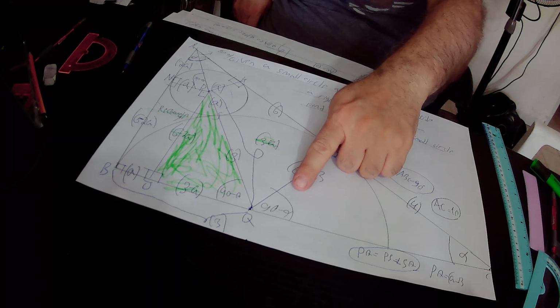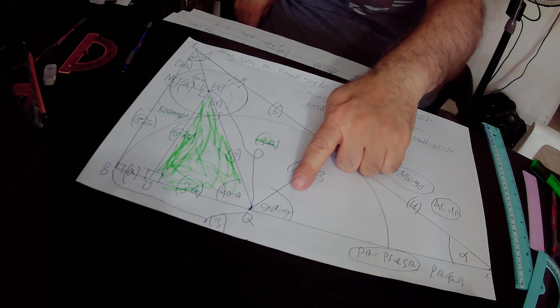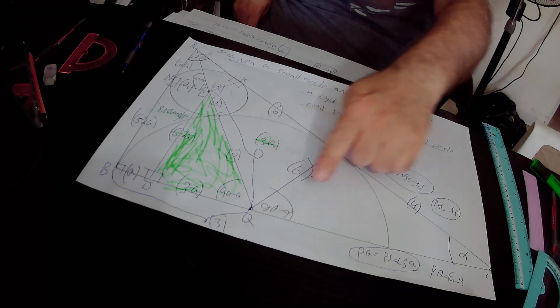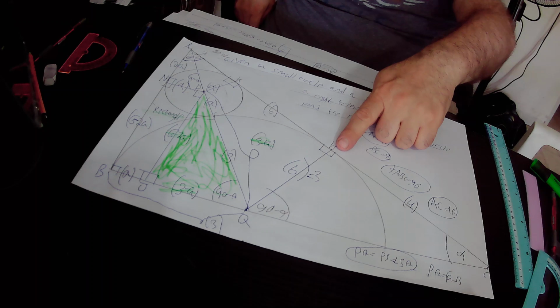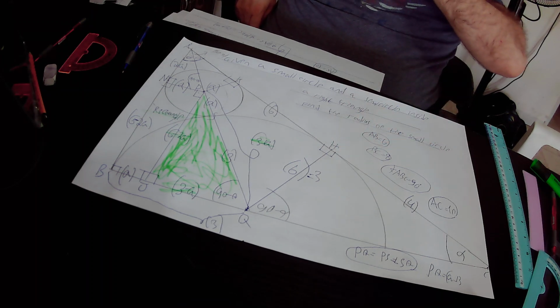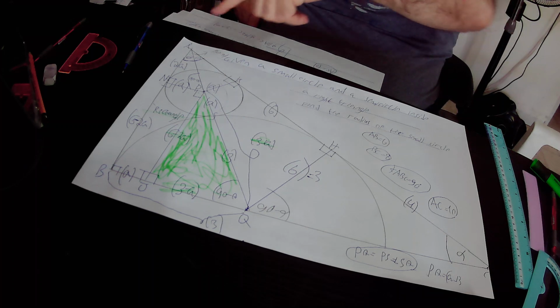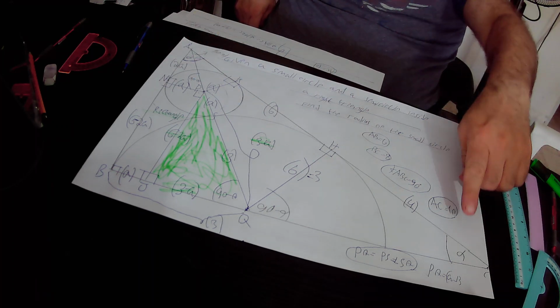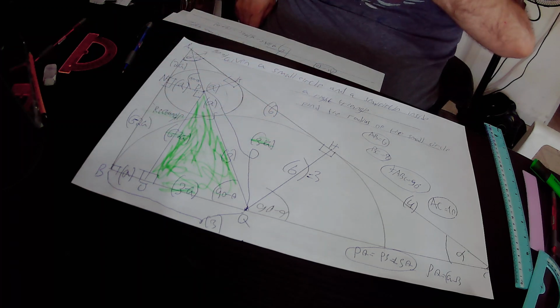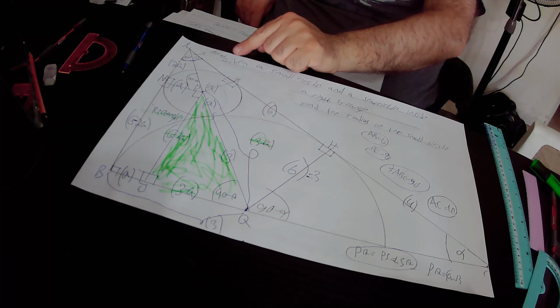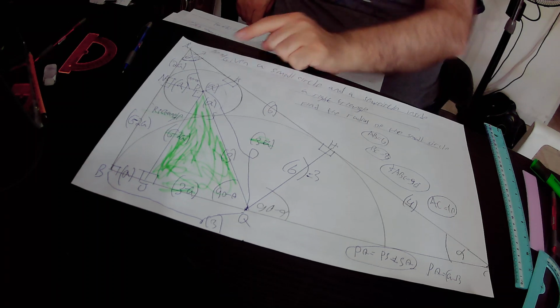Therefore, this third missing angle must be equal to 90 degrees minus alpha. Why? Because 90 degrees minus alpha plus alpha is 90 degrees, and 90 degrees plus 90 degrees is equal to 180 degrees. That is the sum of the angles in any triangle. Likewise, if you focus on the big right triangle ABC, this angle equals alpha, this angle equals 90 degrees according to what is given in the question. Therefore, this third missing angle must be equal to 90 degrees minus alpha.